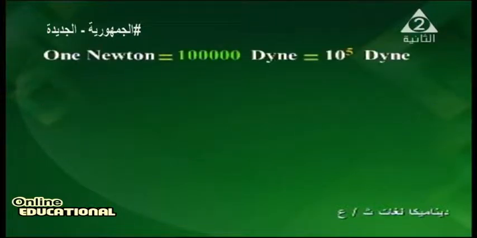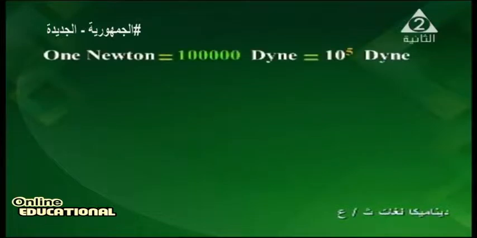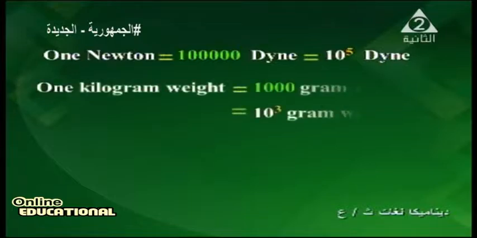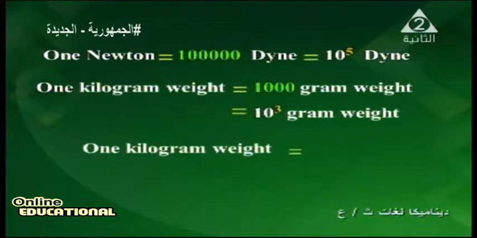Now, 1 Newton equals 100,000 dyne, or 10 to the power 5 dyne. And 1 kilogram weight equals 1,000 gram weight, or 10 to the power 3 gram weight. And 1 kilogram weight equals 9.8 Newton.